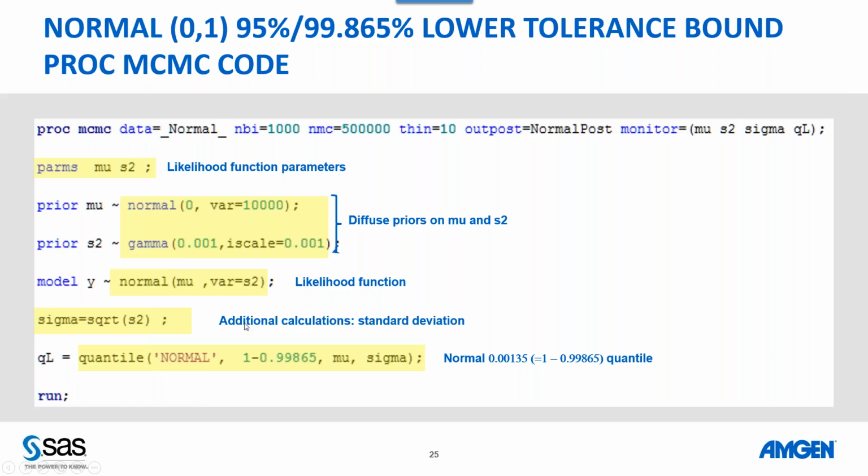A big thing about quantile is that it is a data step function, and the data step function requires the specification of the standard deviation, not the variance. It's somewhat of an inconsistency, because the quantile function came out many years ago and was set to take standard deviation alone. That's why you're required to transform from the variance S2 to the standard deviation sigma, so there's just an extra step in the calculation.